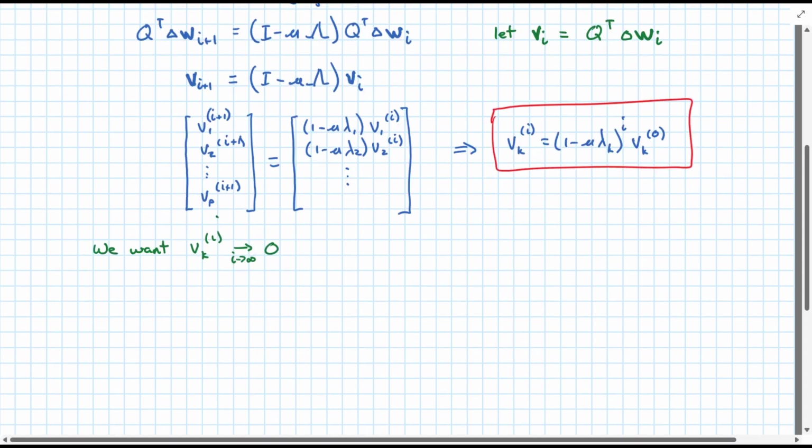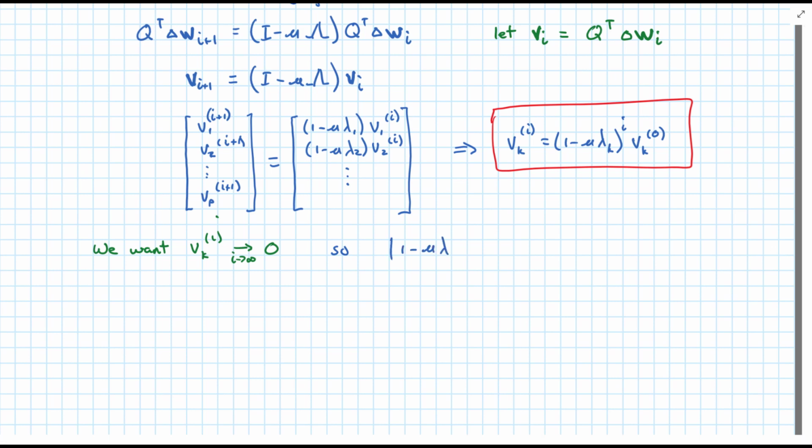To accomplish this, we just simply need to guarantee that 1 minus mu lambda k is less than 1 in magnitude for every k, or every lambda k. As before, this is what we saw when we looked at the one-dimensional case, and now we have p one-dimensional cases.